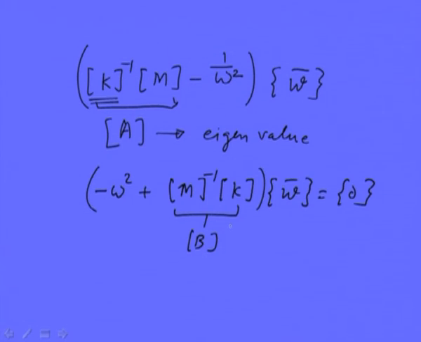Now, once we obtain the natural frequency of the system, there are corresponding mode shapes also present. So what we need to do, once we obtain, let us say, n number of natural frequencies of a particular system, is choose one of the natural frequencies first and go back to the previous equations.